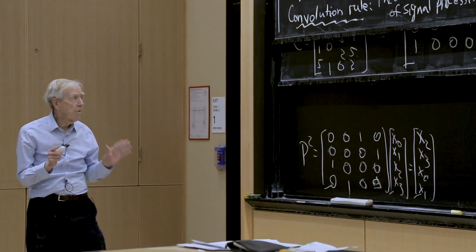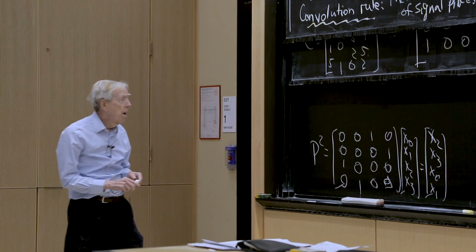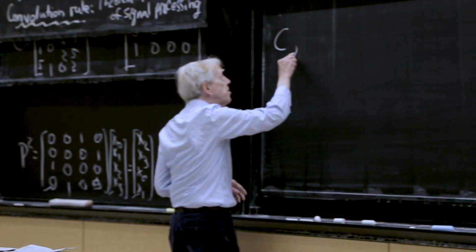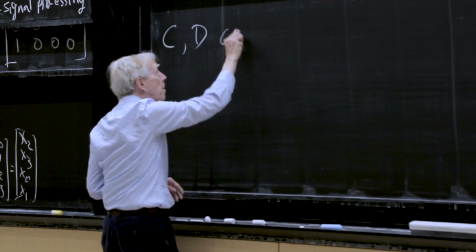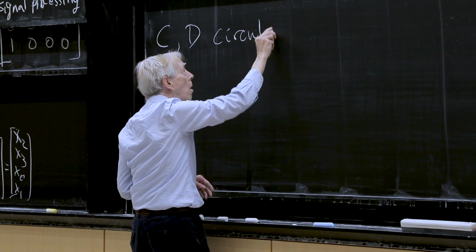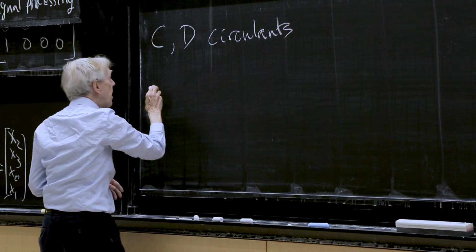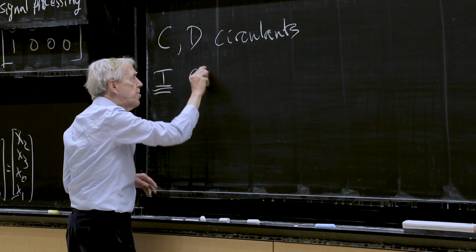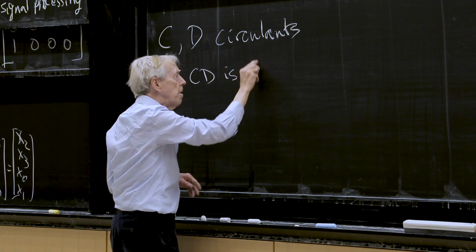So the first property is of circulants. Suppose I have matrices C and D circulants. So fact 1: C times D is also a circulant.